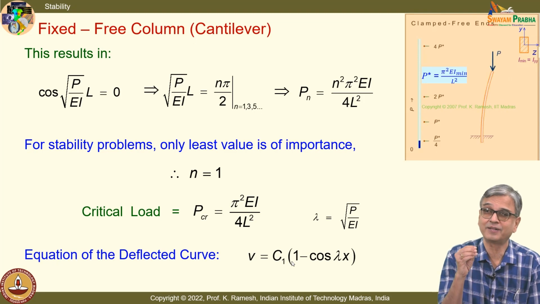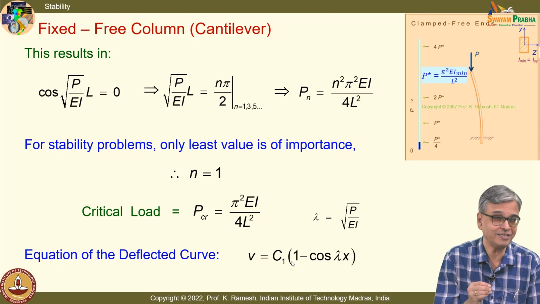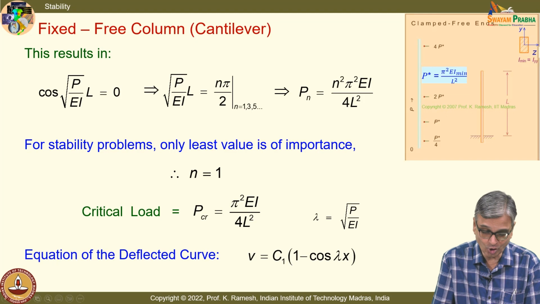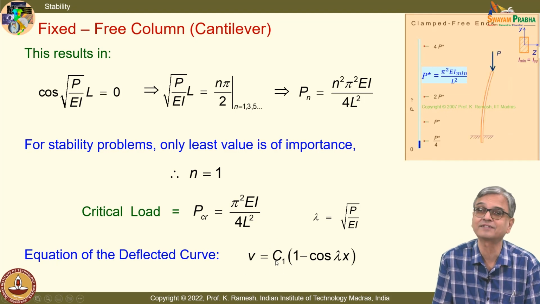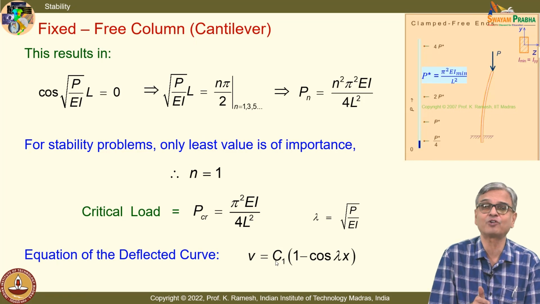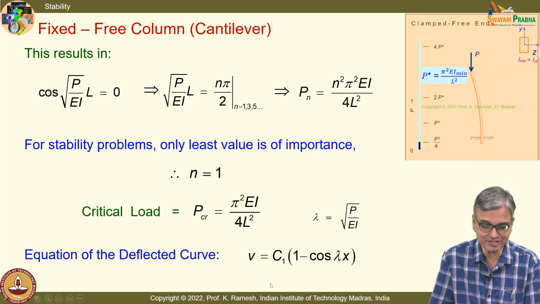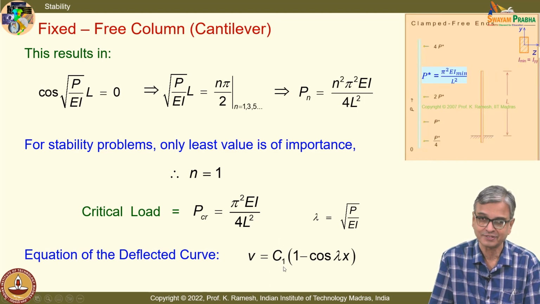See, we have done the linearization of the moment curvature relation. If you do not make that a linearized solution, if you take that as nonlinear, then you will also be in a position to find out what is C1. But nevertheless, whatever solution we have got is good enough for investigating instability. Fine. But you should understand that C1 we have not been able to catch.